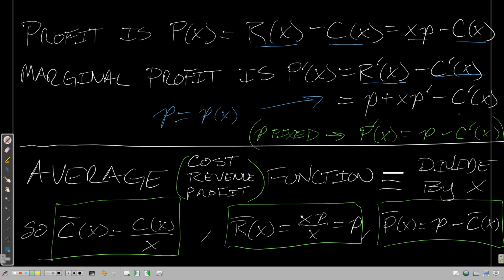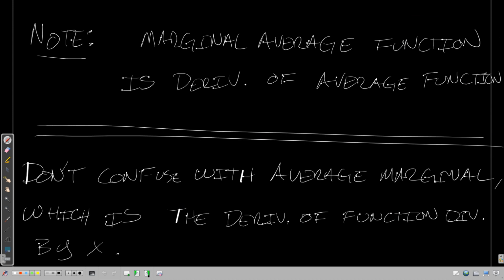Average profit is just this because the profit is right here. And if I divide by x, I'm just going to get p minus the average cost. The price minus the average cost.